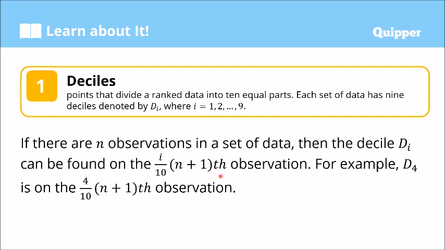Take note of the th because it refers to the rank, the position, like in the quartile. If we are looking for D sub 4, or the fourth decile, then you should solve for 4 over 10 times n plus 1 th observation.